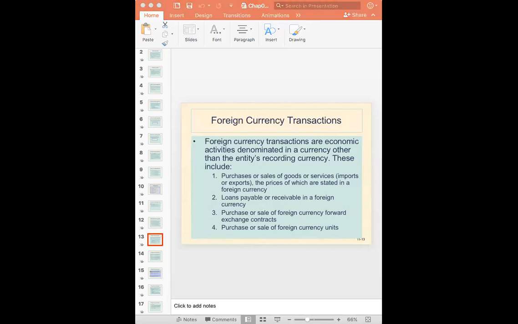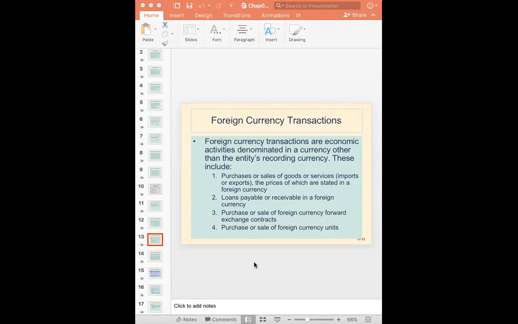Just like I mentioned before, for financial statement purposes, the transaction denominated in foreign currency has to be translated into the currency that the reporting company uses. This applies for interim and annual statements, reflecting changes in exchange rates during the period.